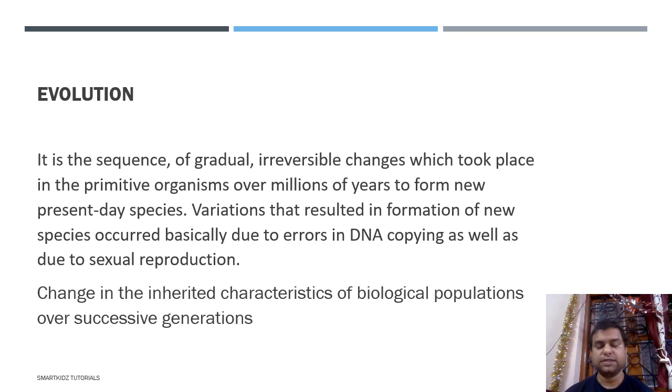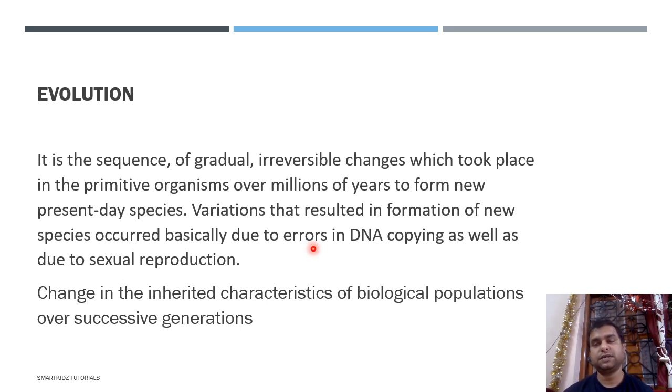So it's a sequence of gradual, irreversible changes which took place in the primitive organisms, and evolution is said to be continuously going on. It has not ended. But it is difficult to observe evolution in an individual because the changes that happen are very slow.